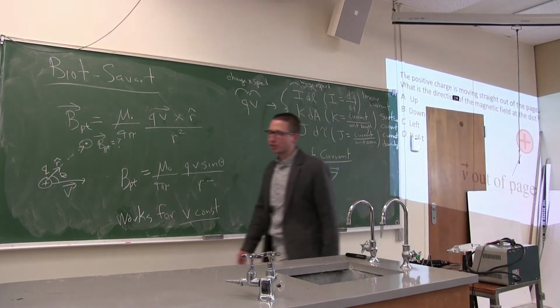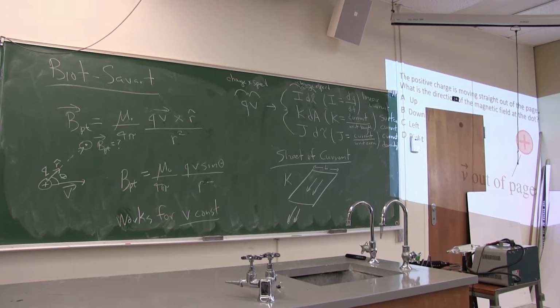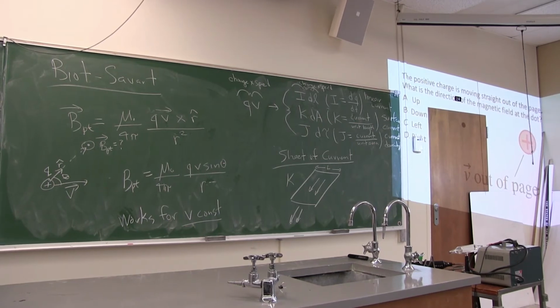So in practice, the Biot-Savart law is rather difficult to actually use. You'll have a couple examples in your homework of applying the Biot-Savart law. And then we're also going to look at Ampere's law. Ampere's law will give us another way to calculate the magnetic field, but in a more simple way.